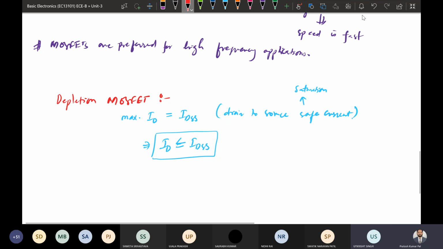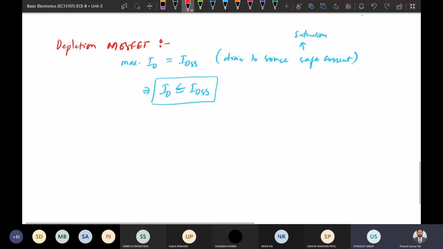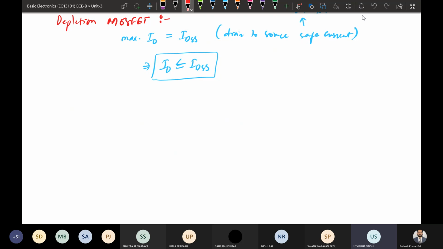But in case of enhancement type MOSFET, the current that will be flowing at the start of the operation will be the minimum current. So the minimum ID current will be IDSS.